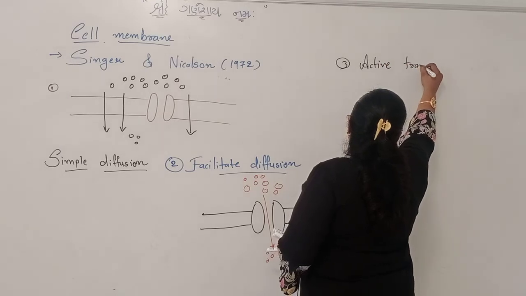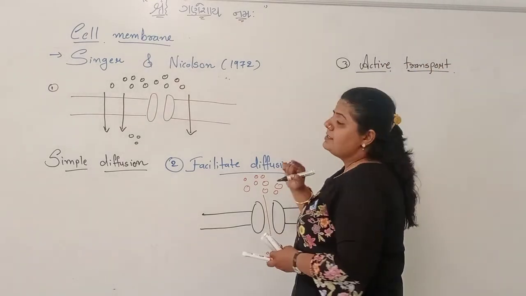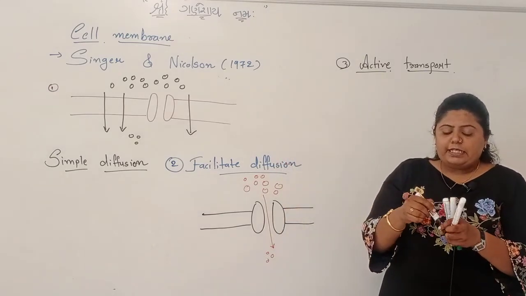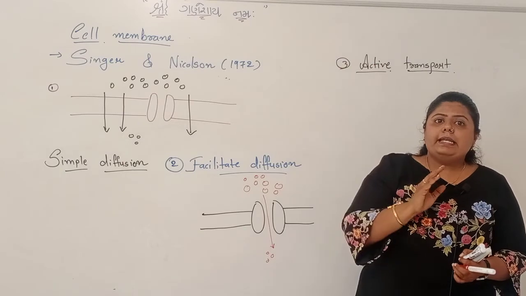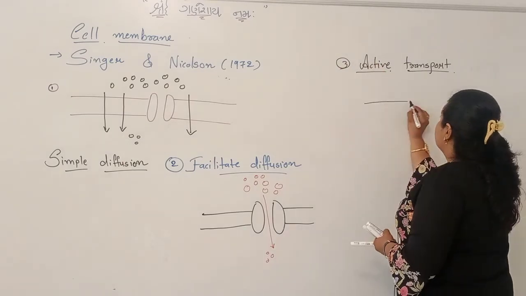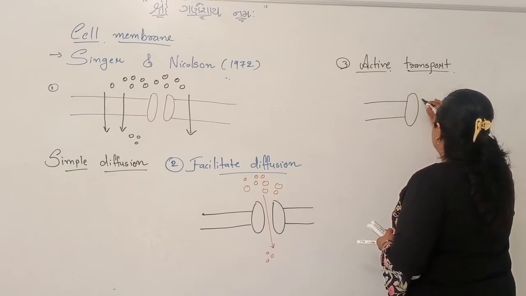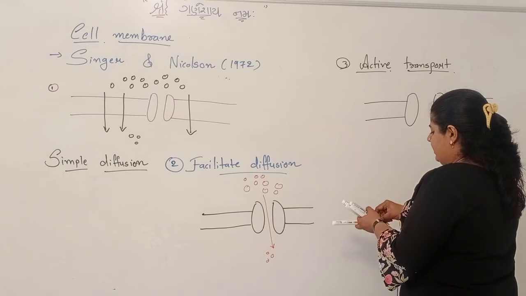Active transport. Against concentration gradient. What is gradient? Gradient means high to low. Against means low to high. So, this is our cell membrane, protein channel. Okay.